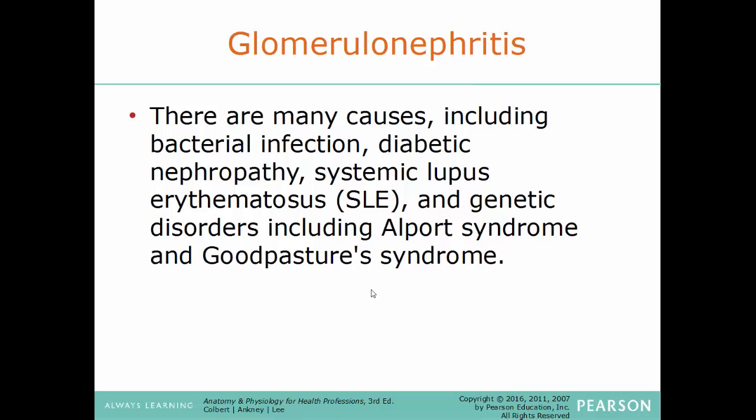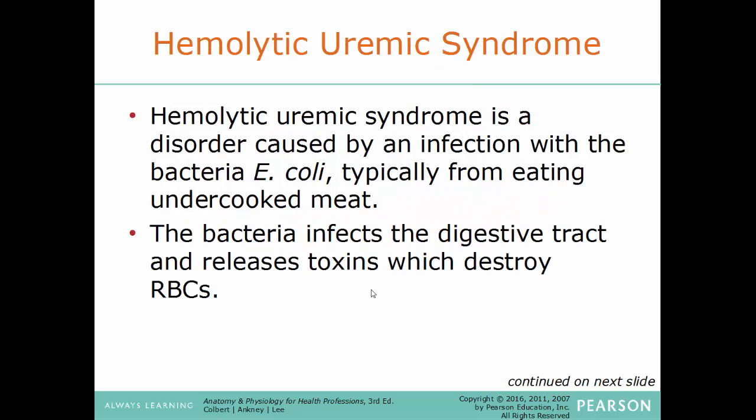There are many causes to the condition, including bacterial infections, diabetic nephropathy, systemic lupus, and genetic disorders, including Alport syndrome or Goodpasture syndrome. Hemolytic uremic syndrome is a disorder caused by an infection of the bacteria E. coli, or undercooked meat.